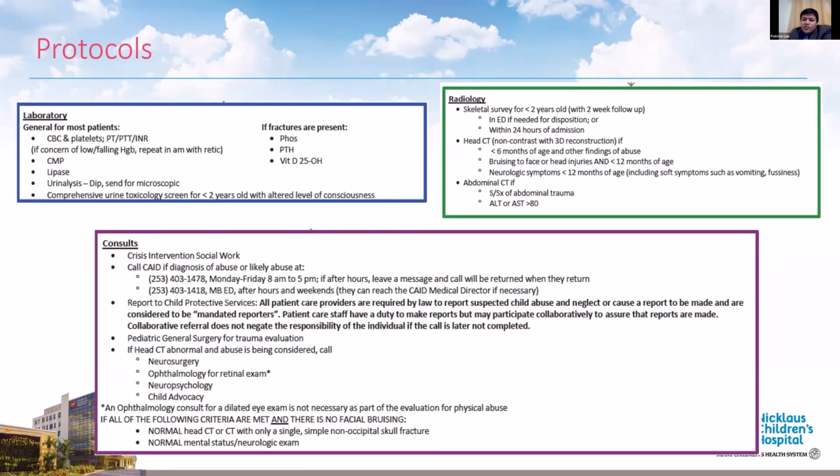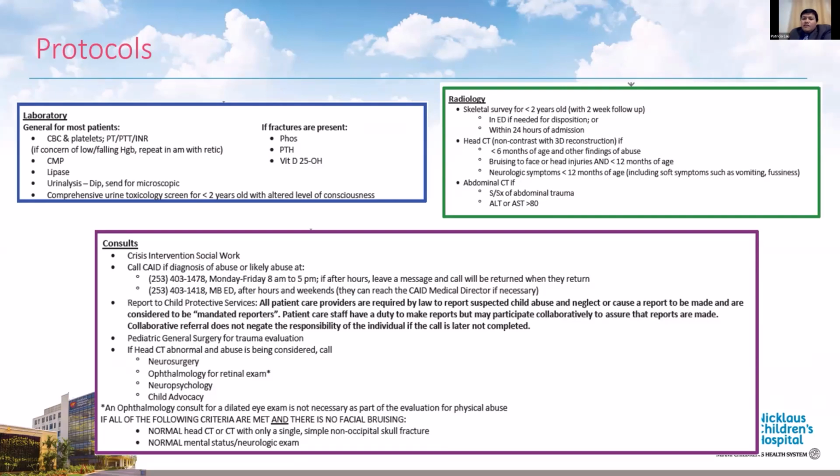In terms of radiology, like a lot of the panelists have mentioned, we do something called a skeletal survey, and I'll go over the skeletal survey a little bit later. Essentially, we have X-rays of different areas of the body, trying to identify all fractures, current fractures, or fractures in different states of healing.